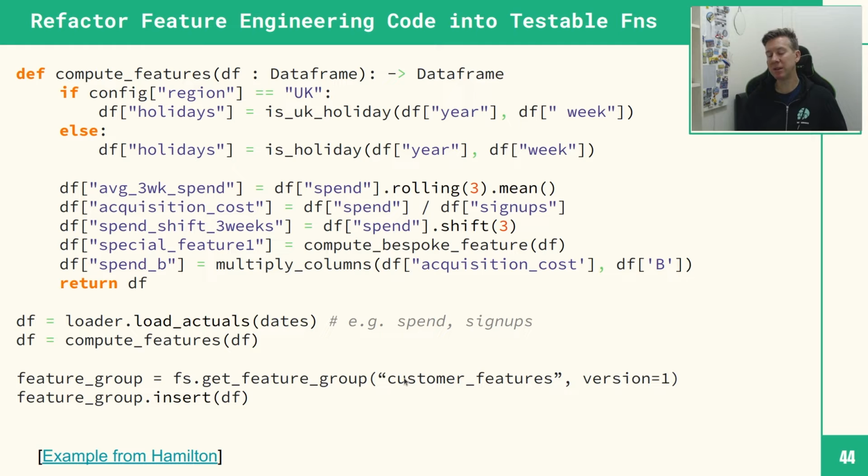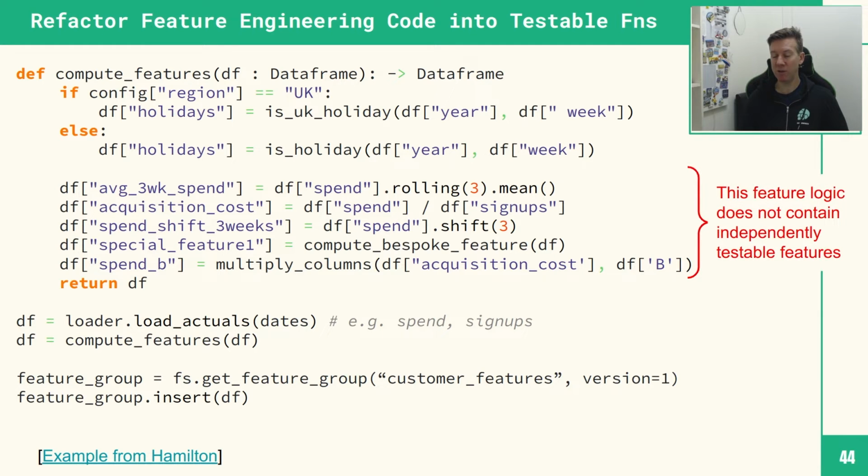But the problem is that the feature logic in this function, compute_features, doesn't contain any independently testable features. So I can test compute_features as a function. So we can go ahead and say to a new person who starts joining, okay, the first thing I want you to do is write unit tests for our features.